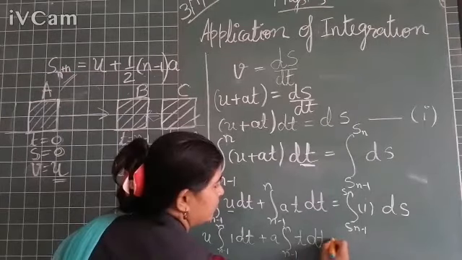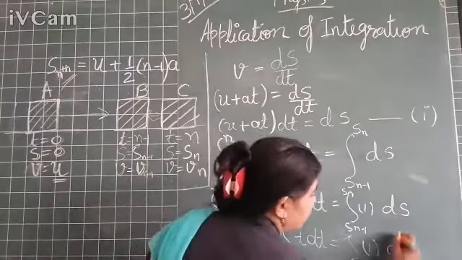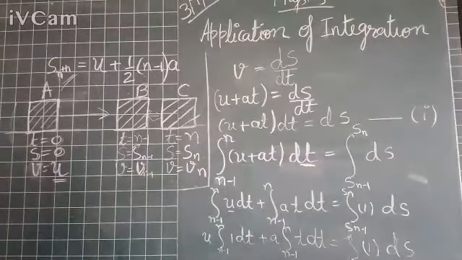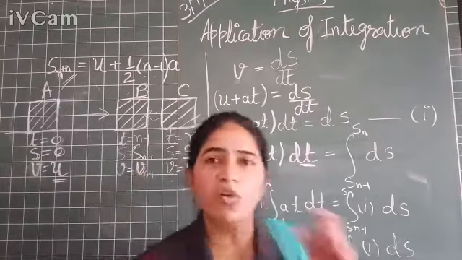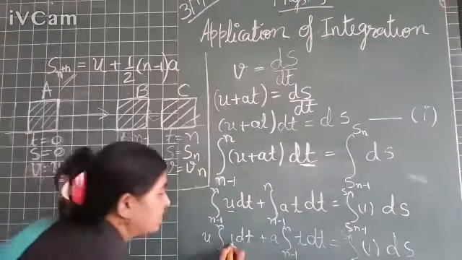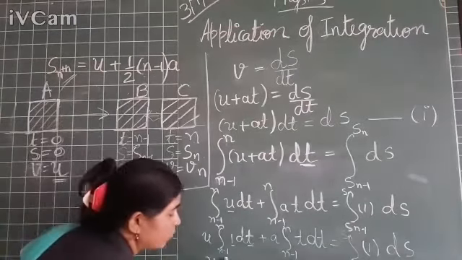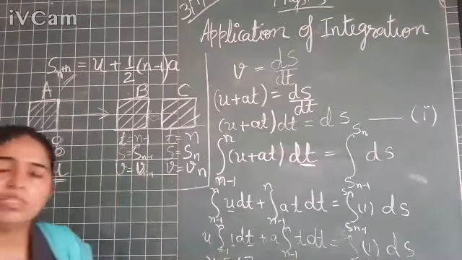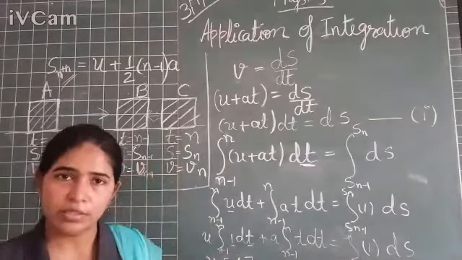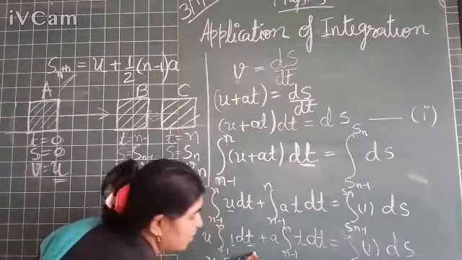Similarly, here it is Sn minus 1 to Sn, integration of 1 with respect to ds. The integration of 1 with respect to dt is t. We have done this formula. So the integration of 1 with respect to dt is t. You put a square bracket here and write the lower limit n minus 1 and upper limit n.